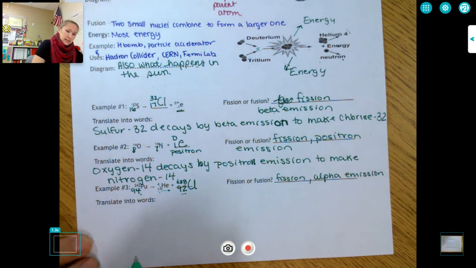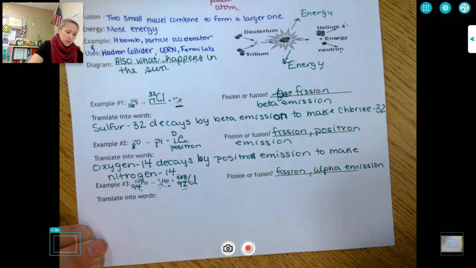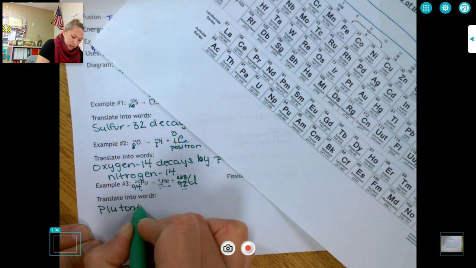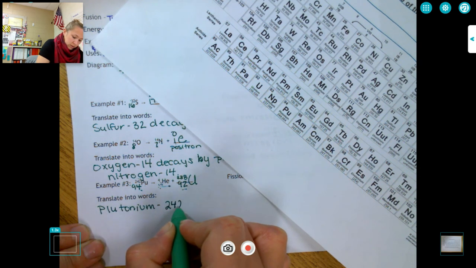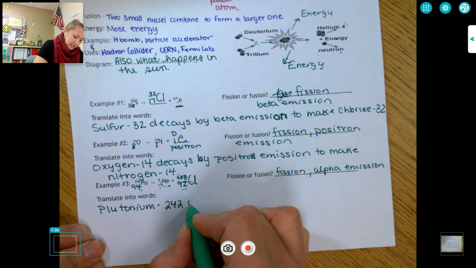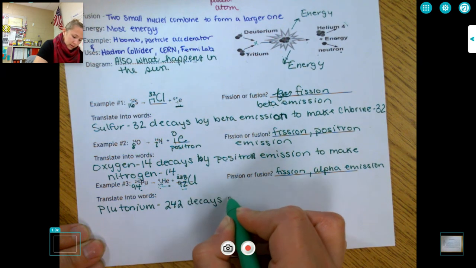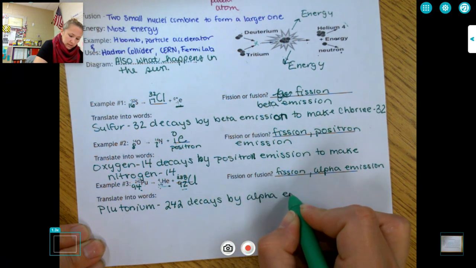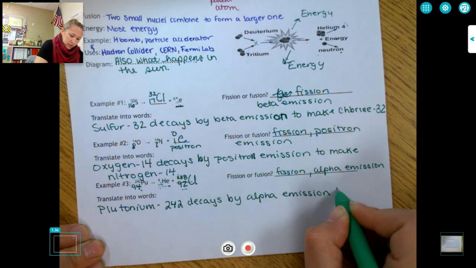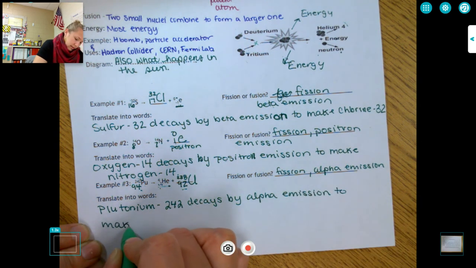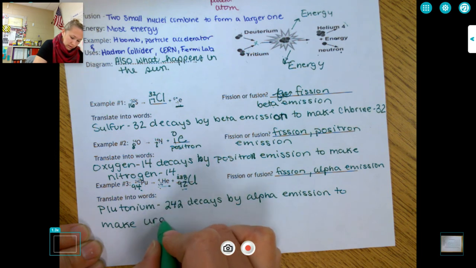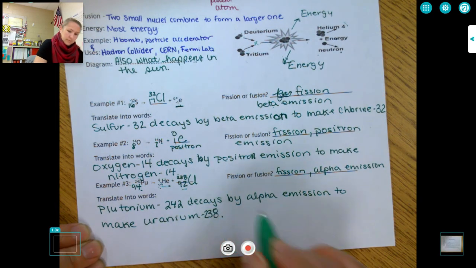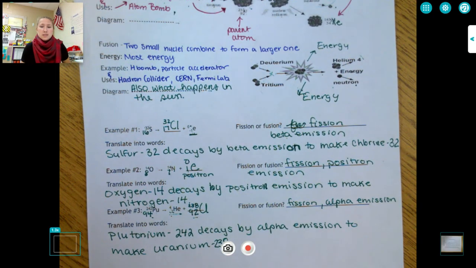If I were to write this in a sentence, I would say plutonium 242, its mass number, decays by alpha emission to make uranium 238. So now you're able to write nuclear reactions.